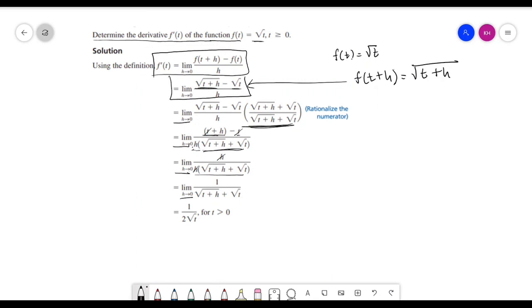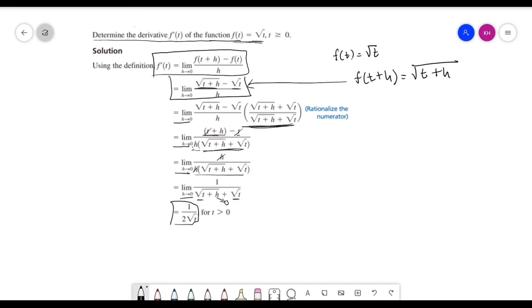So that means we can now plug in h equals 0. So we end up getting 1 over 2 square root t. Why? Because there is 1 square root t and then another 1 square root t. We can add them up to get 2 square root t. And that is my derivative function for this function.